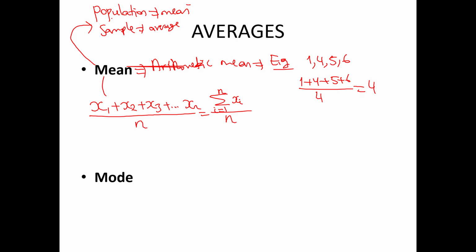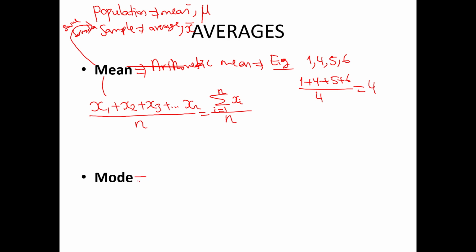Let me add it here: same formula, but the terms are different. Also, the population mean is shown with the letter mu, and the sample average is shown with the letter x bar. So x bar is for the sample and mu is for the population.